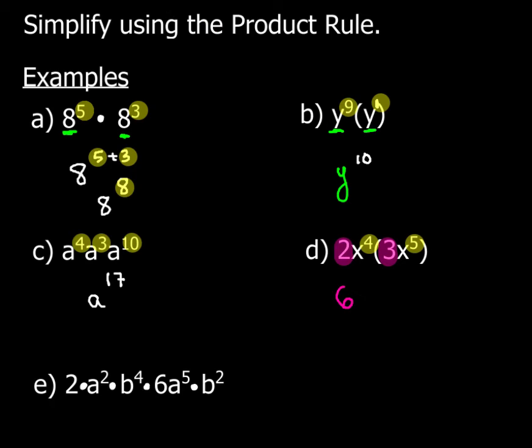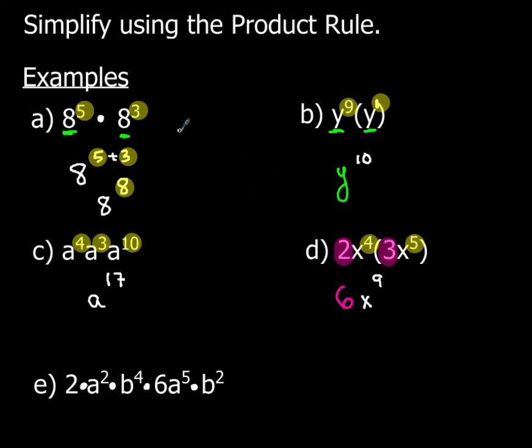So we've got x to the 4th and x to the 5th power. So we're just going to take your base x, write it once, and then 4 plus 5, your exponents, gives a sum of 9. So that final answer would be 6x to the 9th power. And that 9 doesn't look so nice, so let's rewrite that: 6x to the 9th power.